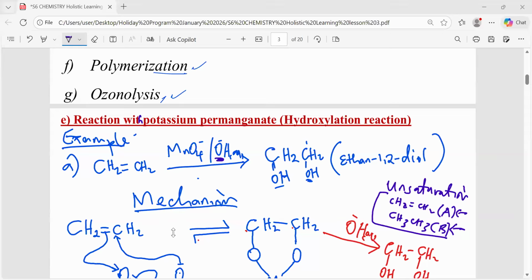My question there with the testing: do we get the same observation when we're using acidified potassium permanganate and when we're using alkaline? We get the same products. As I said, alkenes react with acidified or alkaline potassium permanganate to form diols at room temperature. Any other queries about the testing?